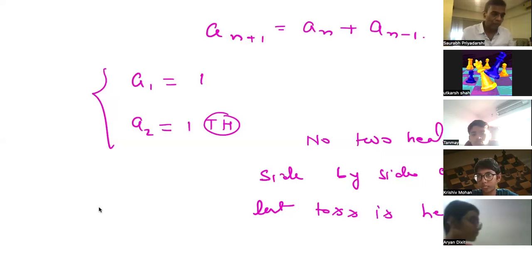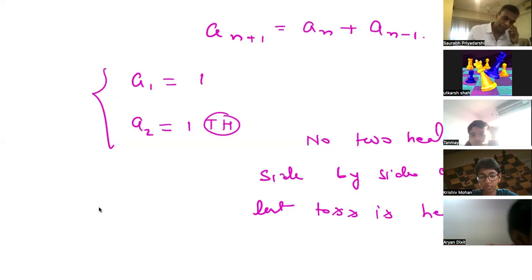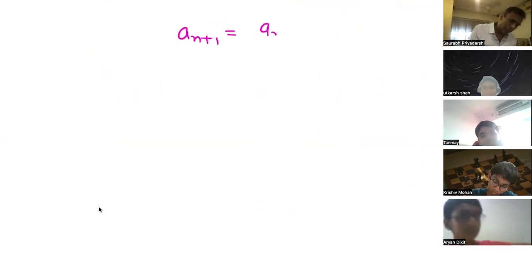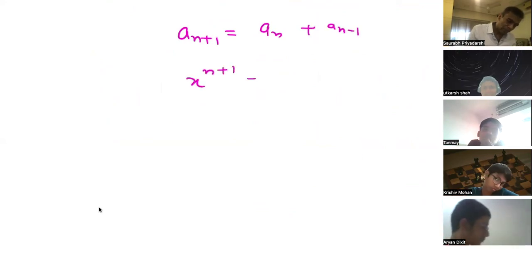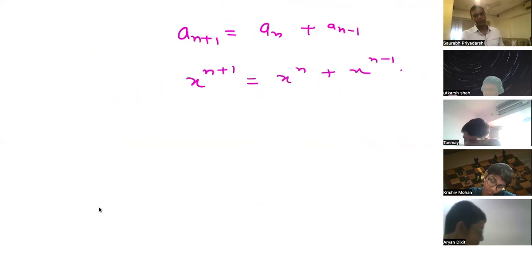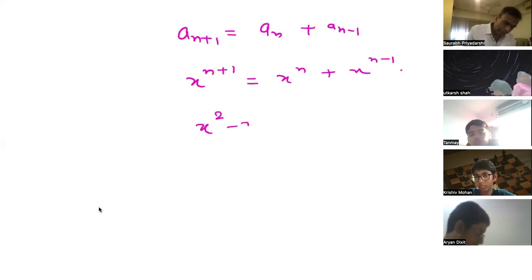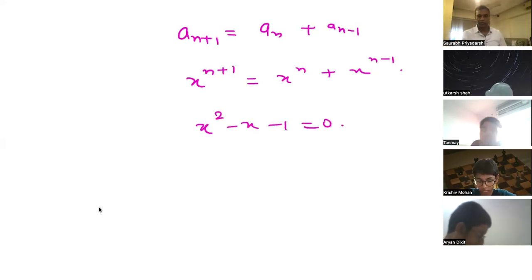We have to form an equation. Since it is given a n plus 1 is equal to a n plus a n minus 1, we take a polynomial equation with x to the powers n plus 1, n, and n minus 1. So you are getting x square minus x minus 1 is equal to 0.